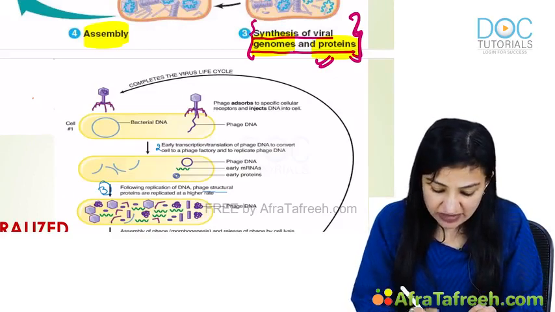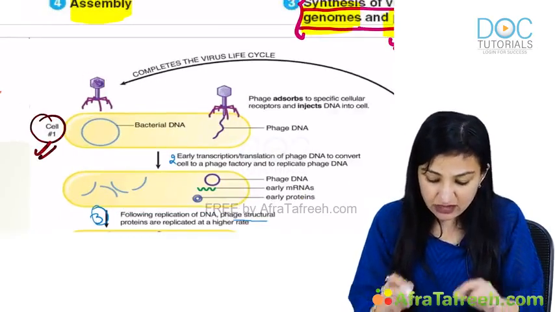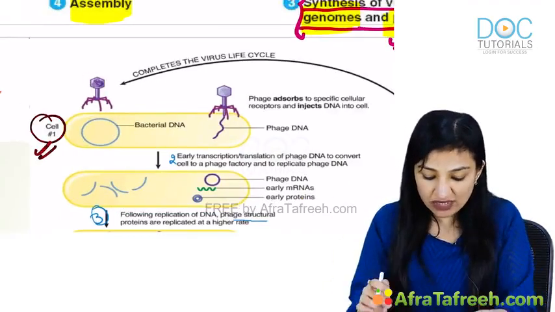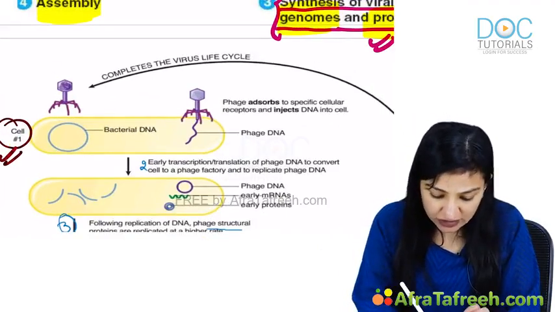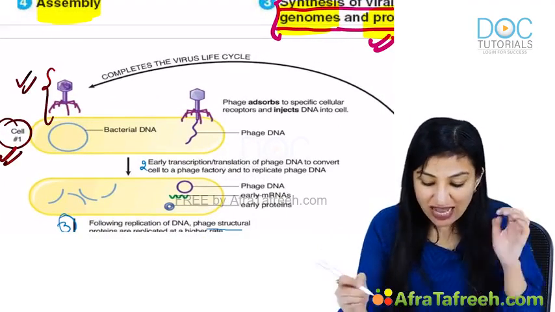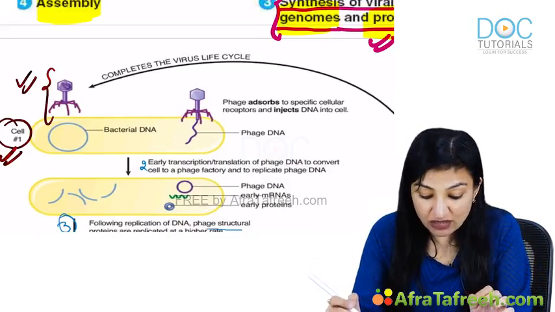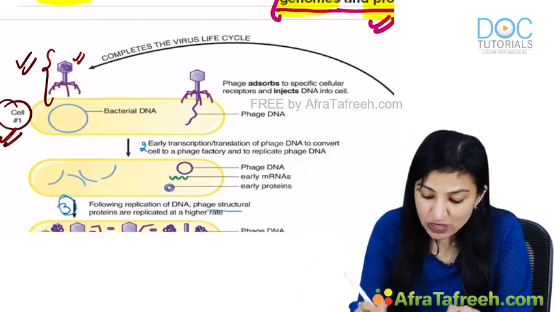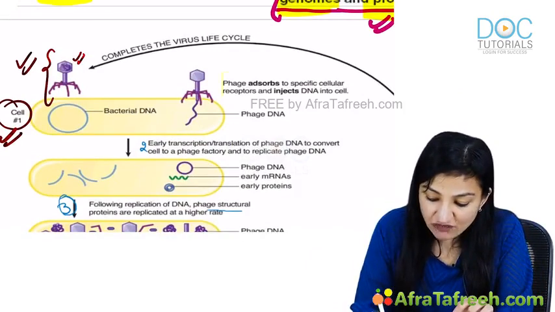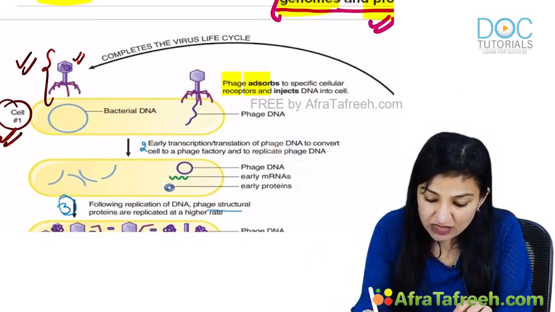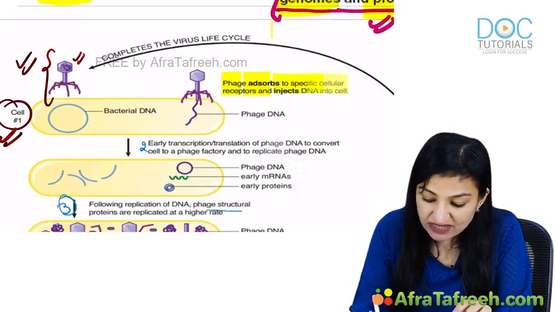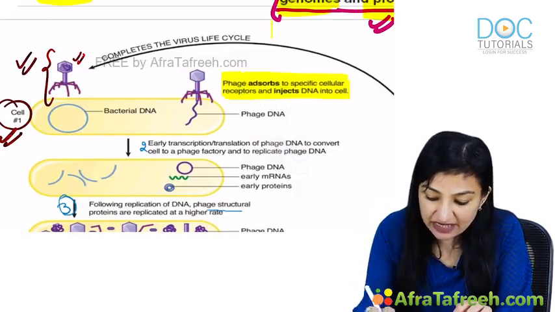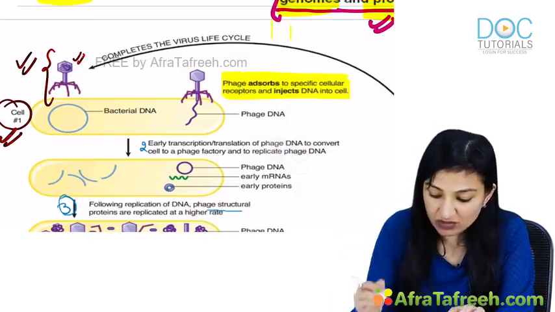So we have this cell 1, a bacterial cell shown in blue color, and we have this phage. I want you all to carefully appreciate the colors. The phage genome is purple in color. Initially, the phage adsorbs onto the specific cellular receptors and injects its DNA into the cell, just like we saw in the previous diagram.